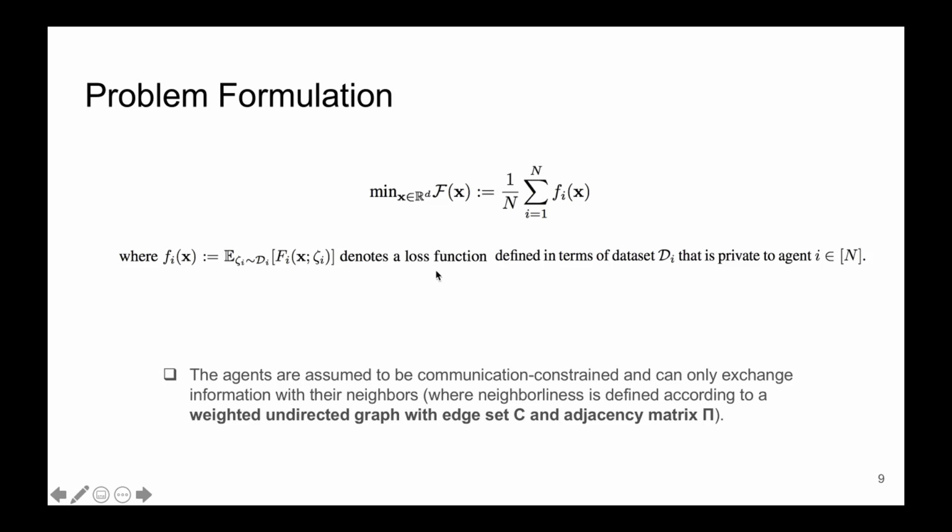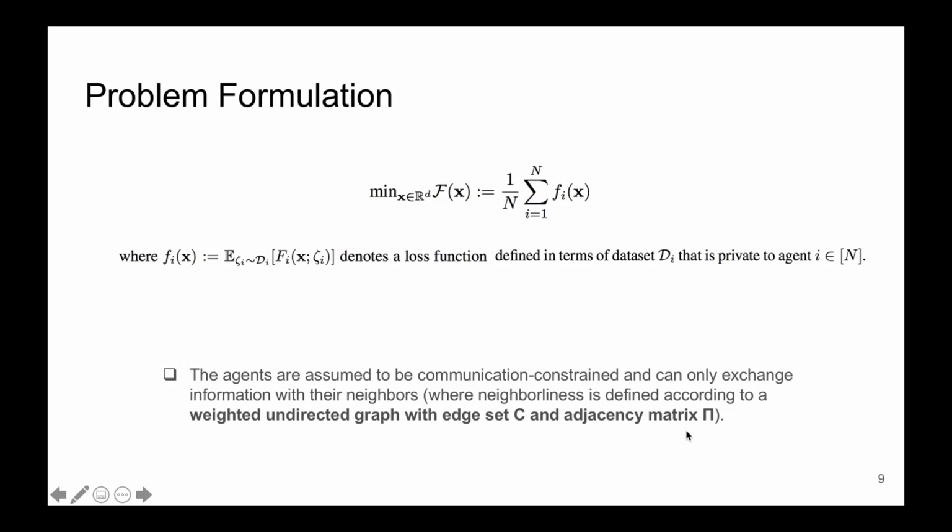Decentralized machine learning tries to solve this problem in a decentralized way among all the agents, and the agents are assumed to be communication constrained and only exchange information with their neighbors. That means they define a weighted undirected graph with an adjacency matrix Π here. The adjacency matrix is just a communication matrix.